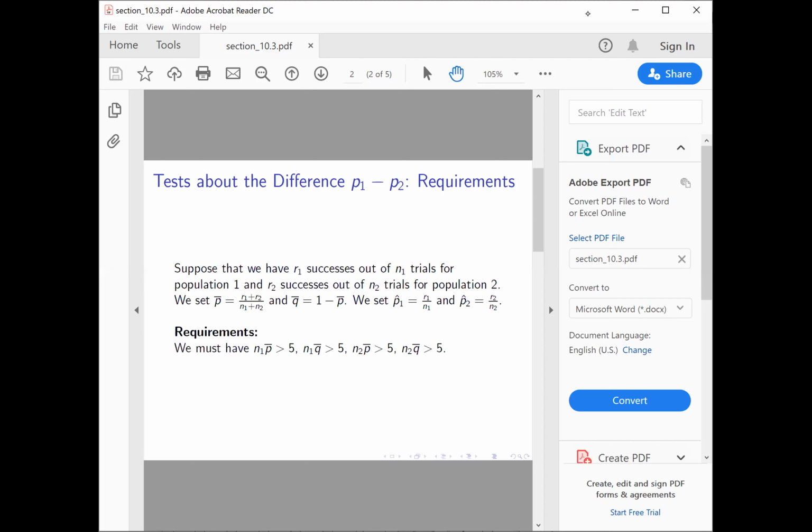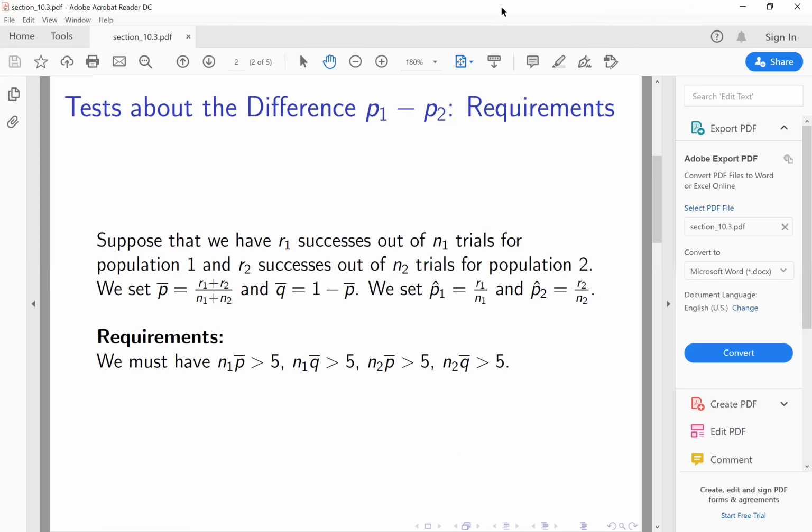Today is section 10.3, and we're going to talk about the required things you need to check off the list in order to do a two-sample test with difference of proportions. There's a lot of lingo in this scenario. Since we're doing a difference of proportions, we have two different populations viewed as independent.